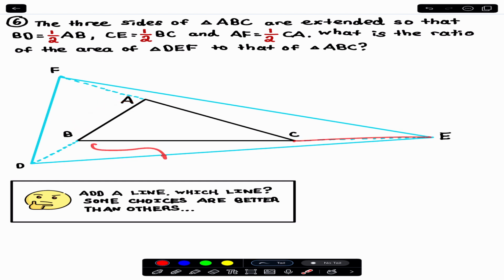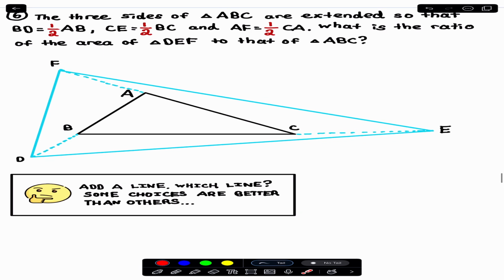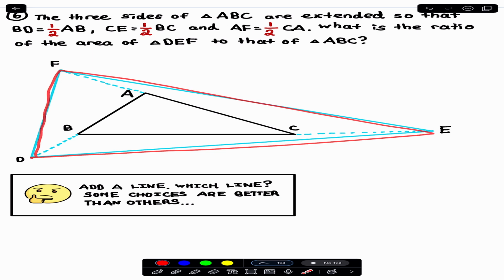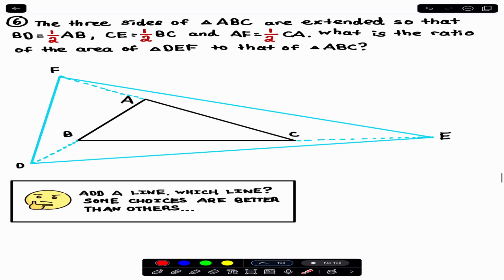CE over here is half as long as BC, and AF is half as long as CA. And when we extend the sides like this, we are going to get a bigger triangle when we combine everything. So what is the ratio of the area of the big triangle DEF to the original triangle ABC?